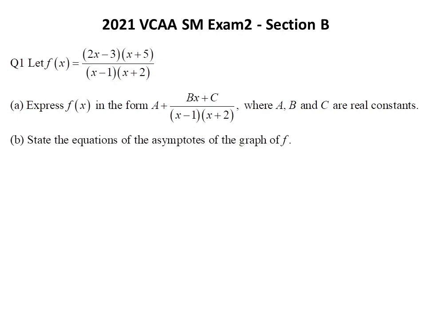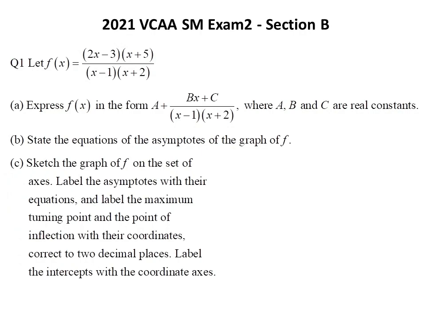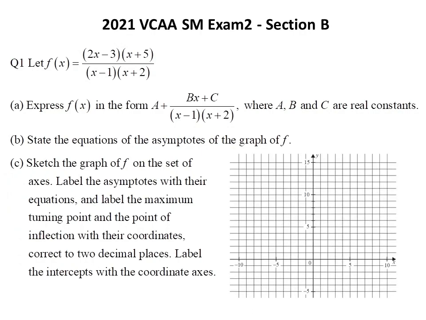Part B is to state the equations of the asymptotes of the graph of f of x. Part C is to sketch the graph of f of x on the given set of axes. Label the asymptotes with their equations and label the maximum turning point and the point of inflection with their coordinates. Label the intercepts with the coordinate axes.